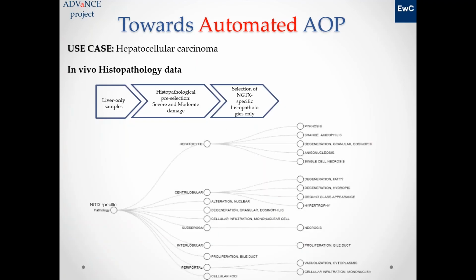And the last set of data that we were interested in was the in vivo histopathology data. And there we focused mostly on severe and moderate damage, as identified by the histopathological findings described in TG-GATEs. And then we went for non-genotoxic specific histopathologies only, so ones which were present in the non-genotoxic group.